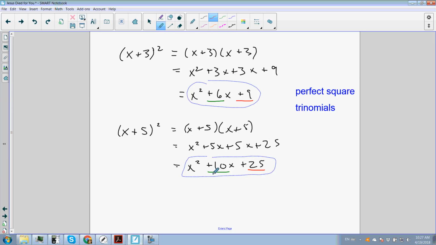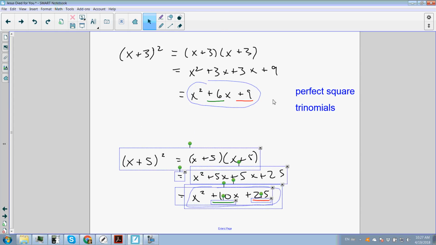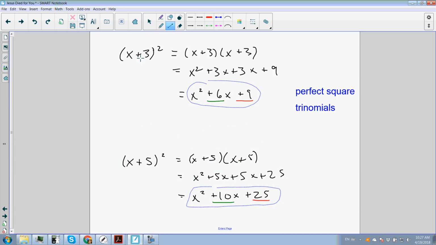And so we need to set it up so that it is a perfect square trinomial. Notice that 3 is half of the 6. So you've got to take the 6 and divide it by 2, and then take that number and square it.